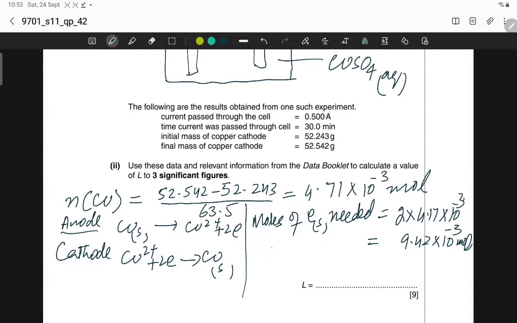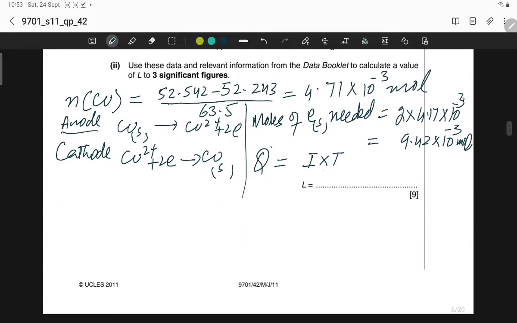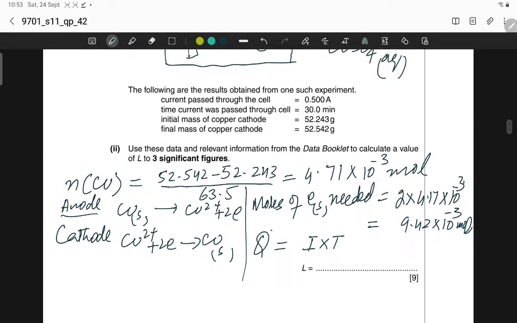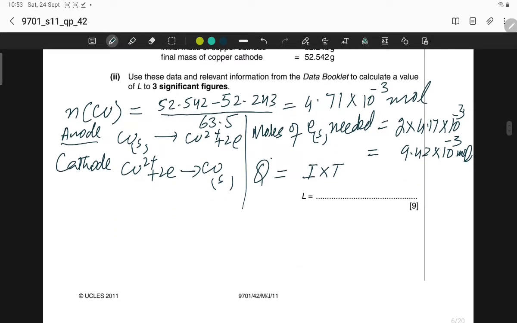So we know this relationship: Q, the amount of charge, is equal to I × t, where I is the current in ampere and t is the time. We have 0.5 ampere passing through, so Q = It.